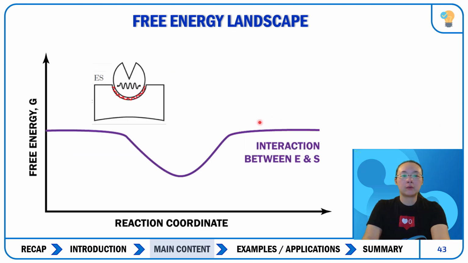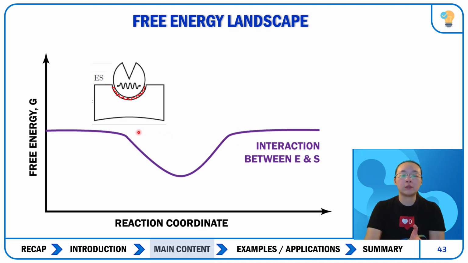Next, we have the second step where the ES complex is created and you have these weak bonds in between that are holding it together. So then these weak bonds are going to help lower the energy in the bond to make the whole complex a little bit more comfortable and more stable.